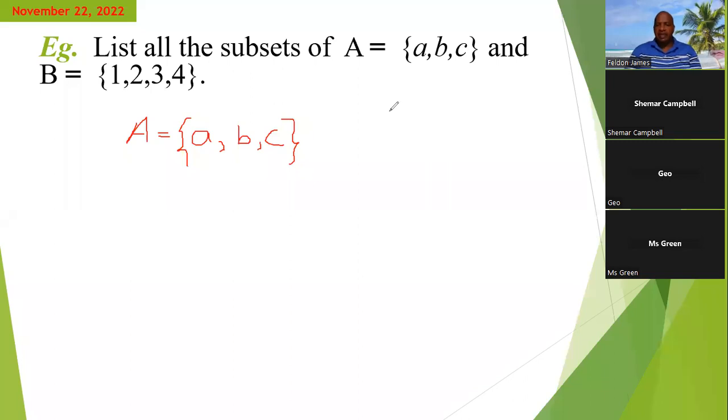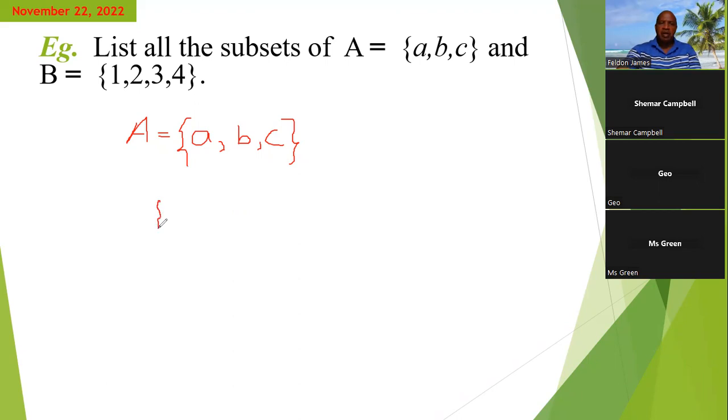So from the set A, can you group any members of A and form another set? When you think about it, you could take one member to be a whole set by itself.